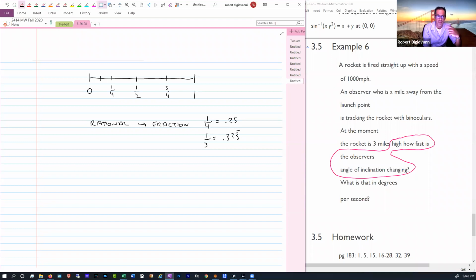It just keeps doing the same thing. An irrational number is any number that is non-repeating, non-terminating.